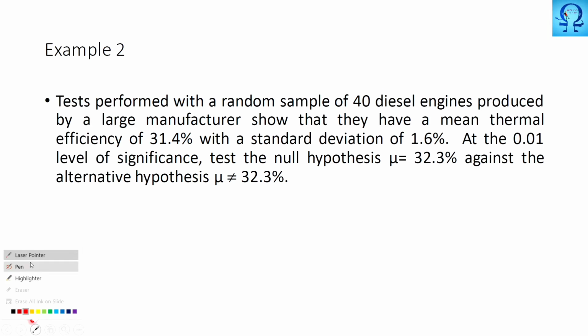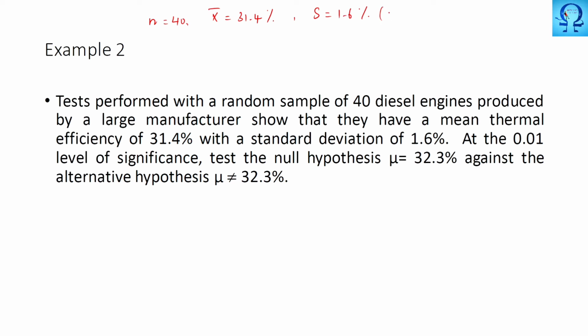Okay, now let us set up the problem with mathematical notations. N is 40, x bar is 31.4 percent, and s is 1.6 percent. Since we don't know the actual population variance, we use this value in the calculation.